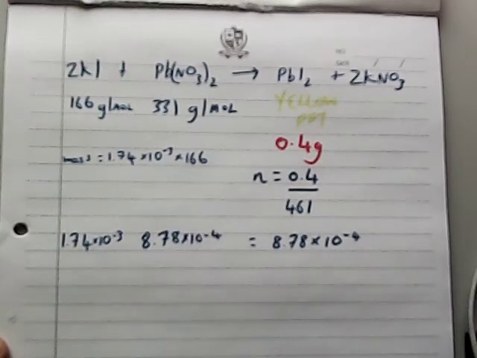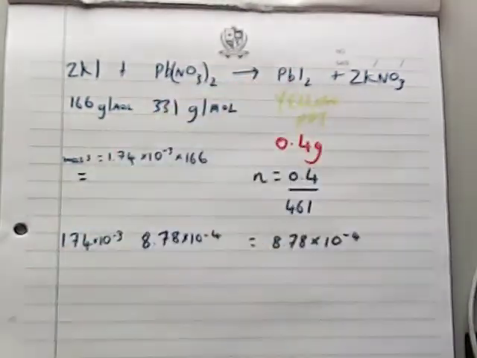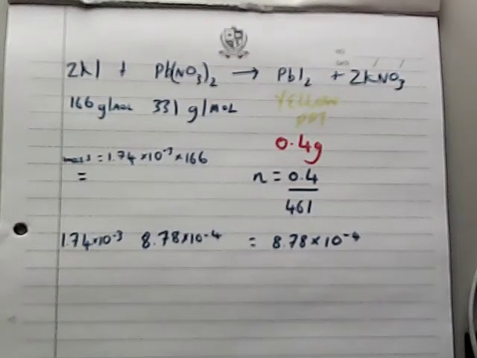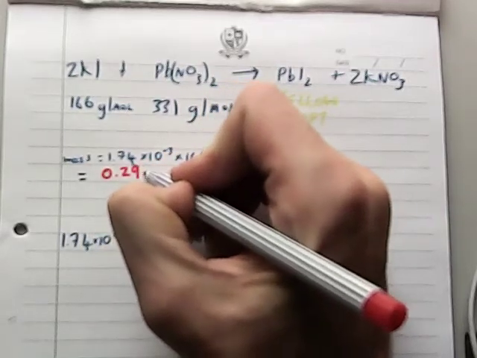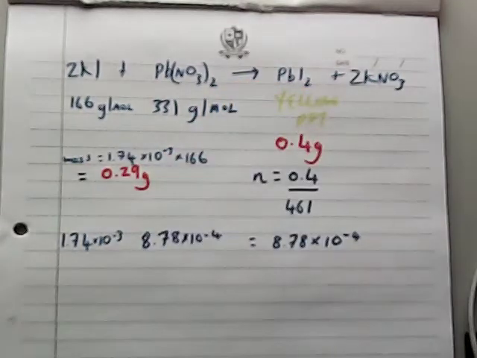So 1.74 times 166 is 0.29. So your answer for the amount of potassium iodide is 0.29 grams. That's how many grams you'd have to weigh out to make this with no waste left over, no extra chemicals left over.